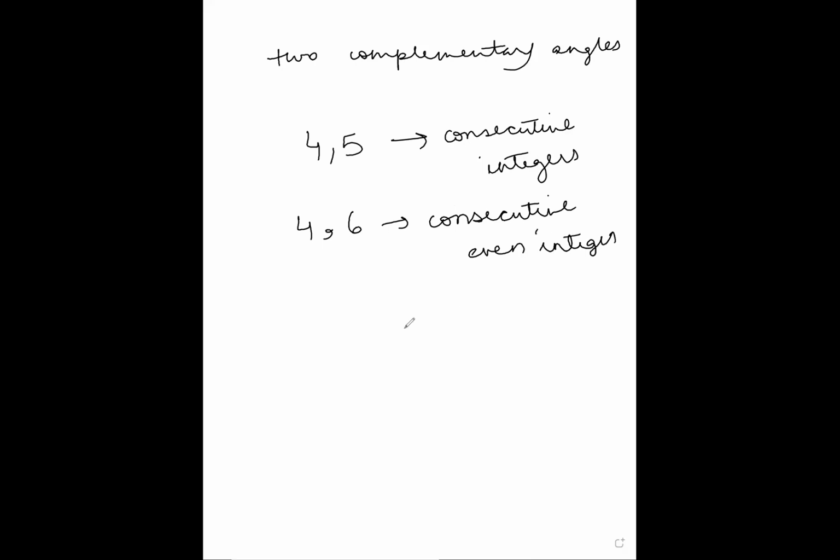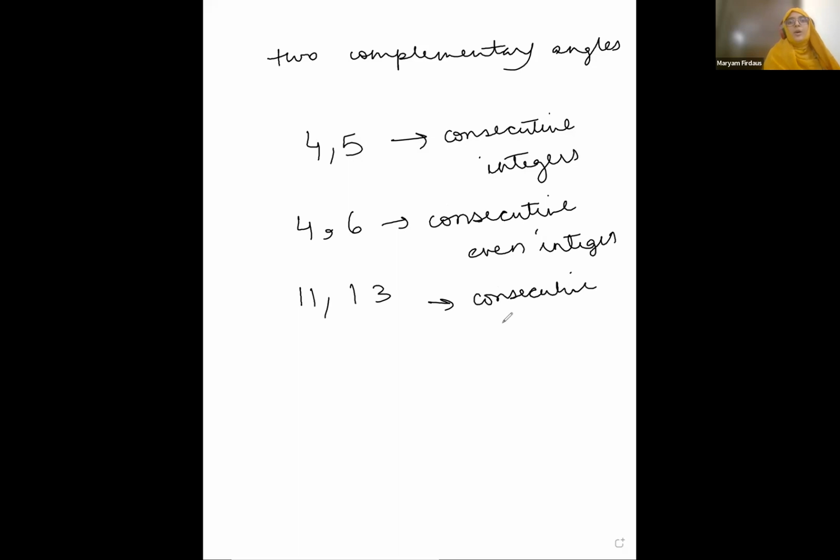Just one more example, 11 and 13, these are two consecutive odd integers. And one more example: two consecutive prime numbers, for example, 5 and 7.